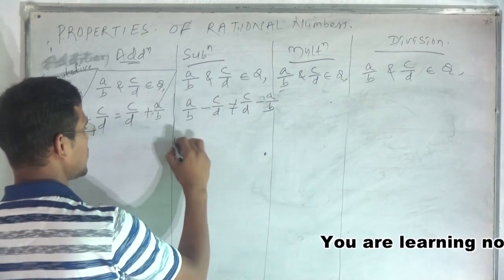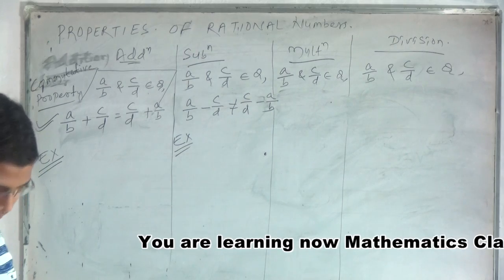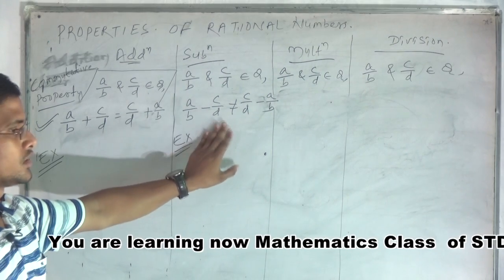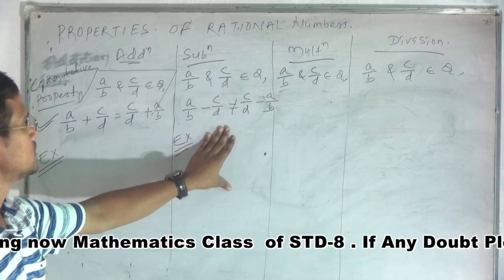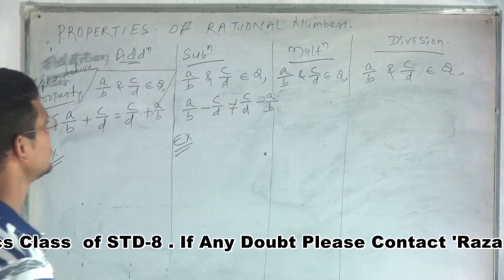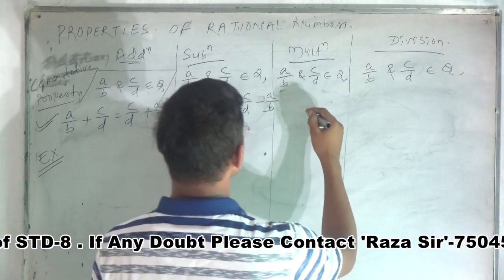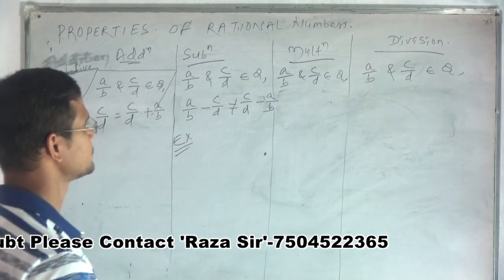You can check, take an example. Subtraction of rational numbers is not commutative.